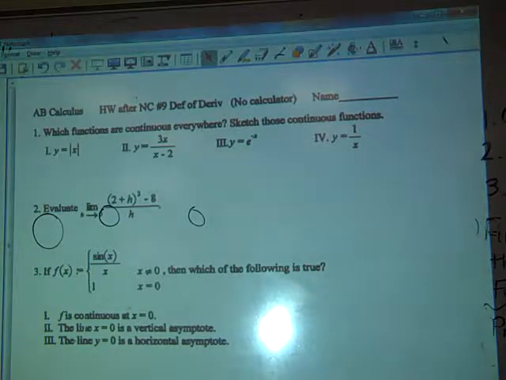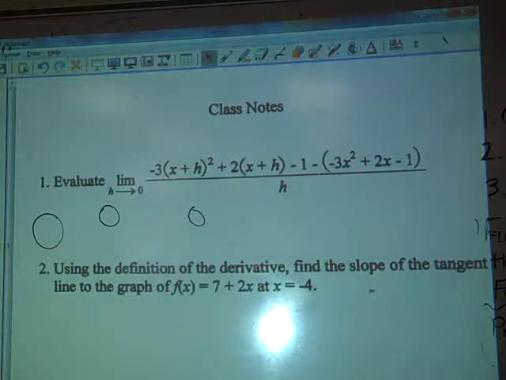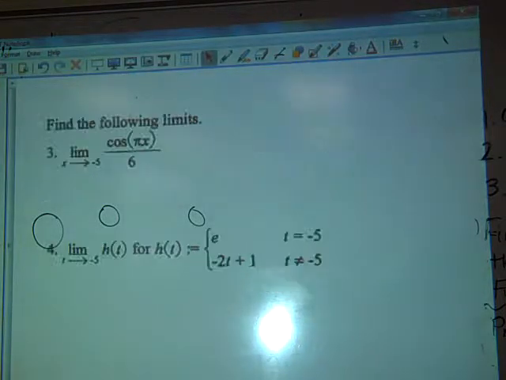Class notes. It says class notes. Evaluate. That one. We're on that one. No, we're actually not. It would be next, but that's not where I'm going just yet.